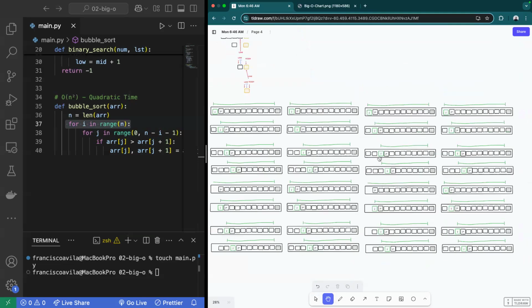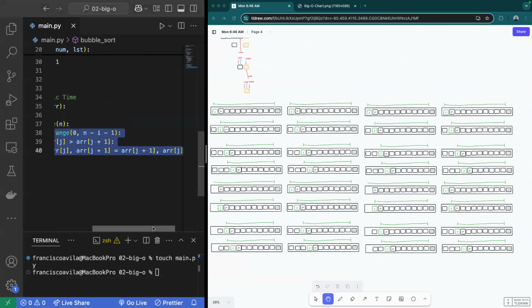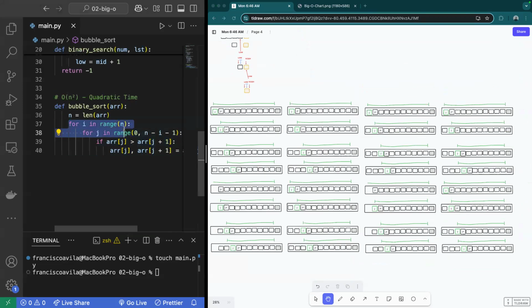And that's what turns it into a quadratic formula. It's the fact that it's not only iterating once, but for every single one of those repeated iterations, it is also being iterated through the entire list over and over again. So what we drew out was only half of one of the iterations, but that gets multiplied times the amount of input as well because of this parent for loop.